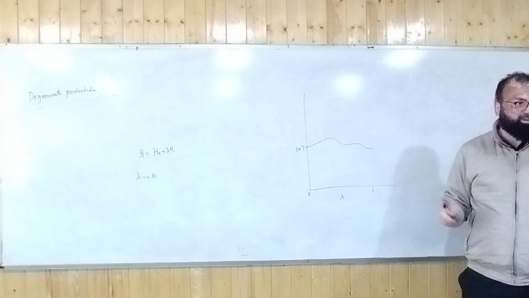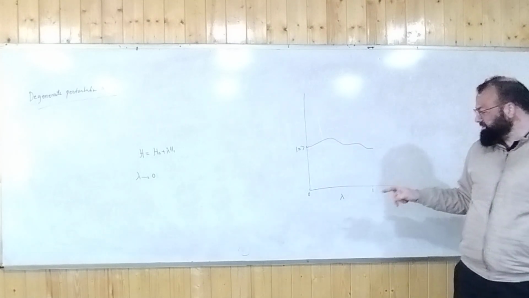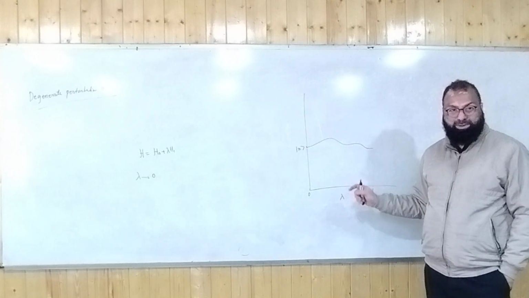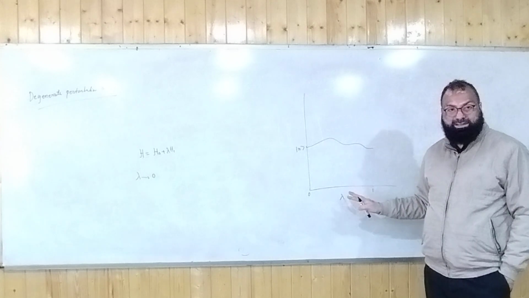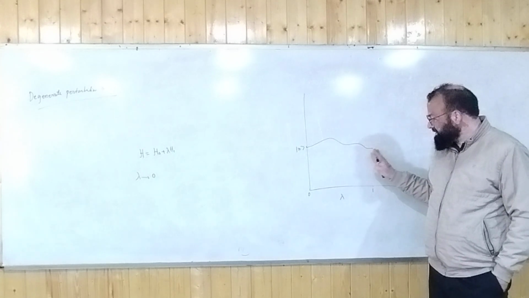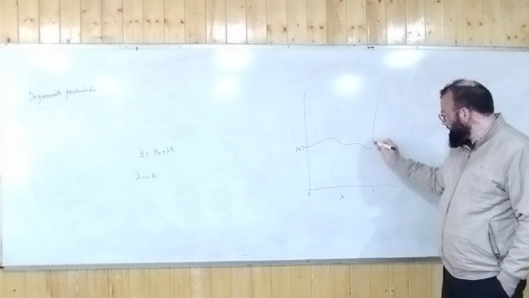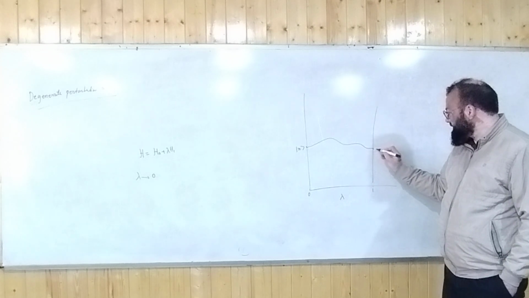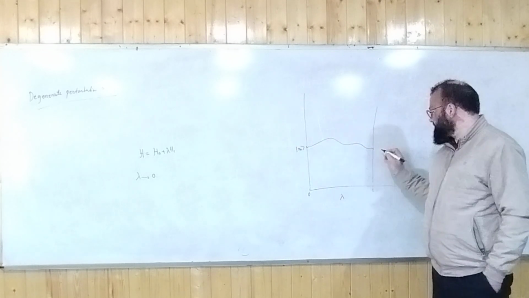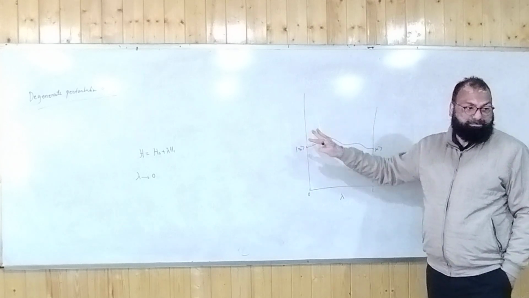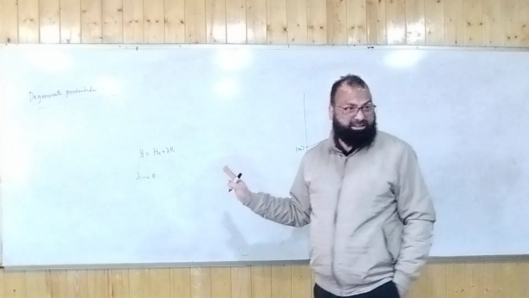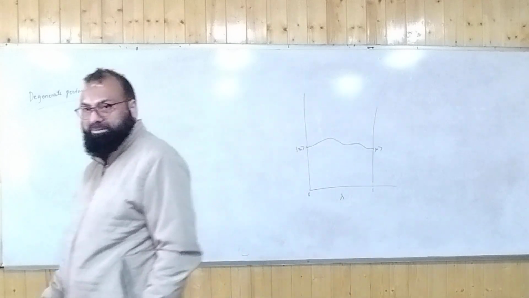Now let's take the other way around. You take lambda tends to 0, what will happen? When there is no perturbation, this perturbed state, let's call this N0 and this is N, will map back to the unperturbed state, clear? So it will move back to the unperturbed state.